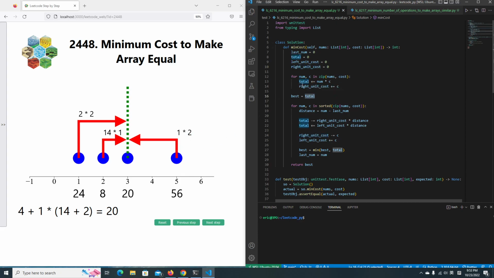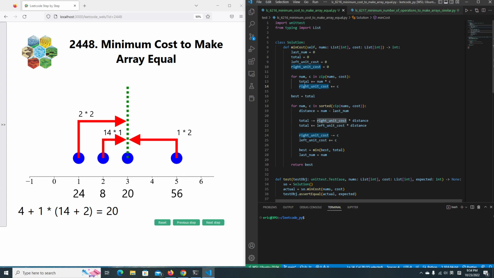Firstly, we'll calculate the cost to 0. So it's just the number value multiplied by the unit cost. That's the cost to 0.